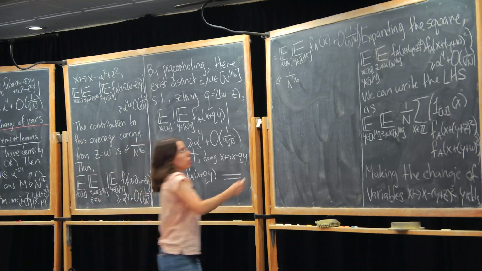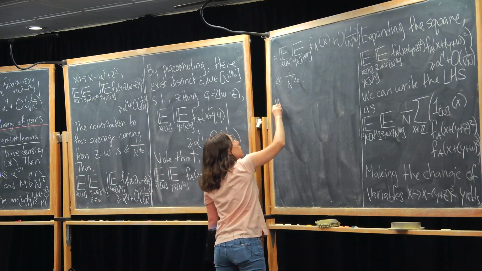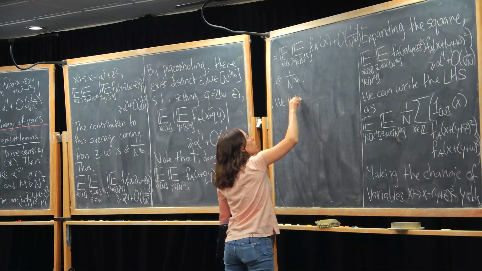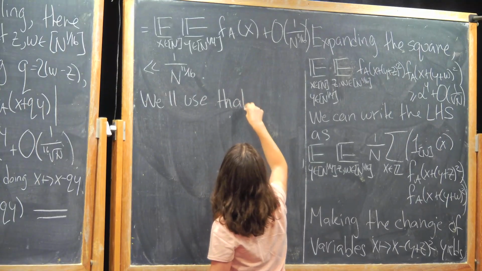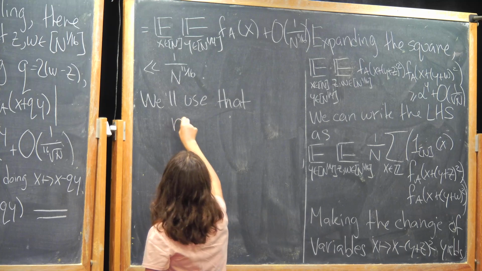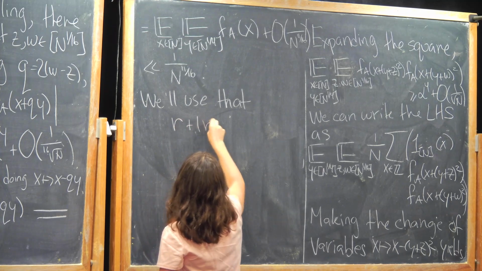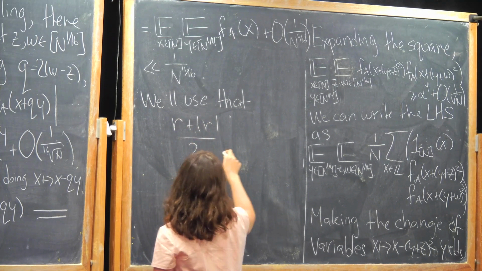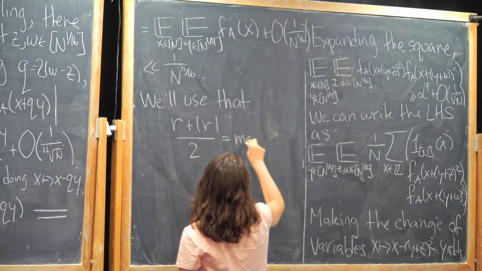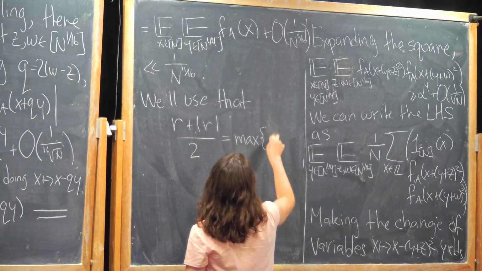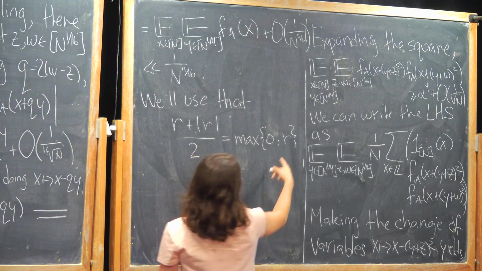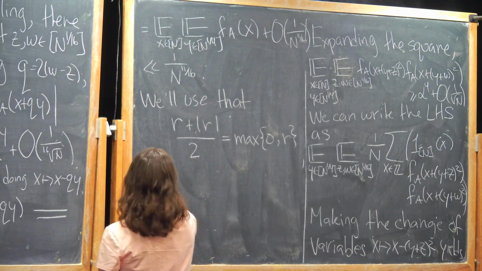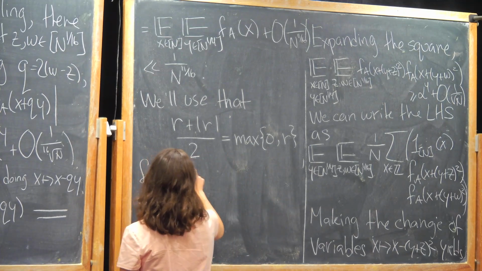Okay, so now what we do is we'll use the following identity. If you take r plus the absolute value of r, divided by 2, then this is the maximum of 0 and r. So it's 0 when r is negative and r when r is positive. This holds for all real numbers r.